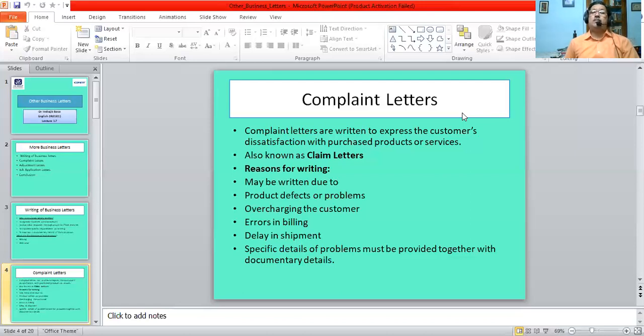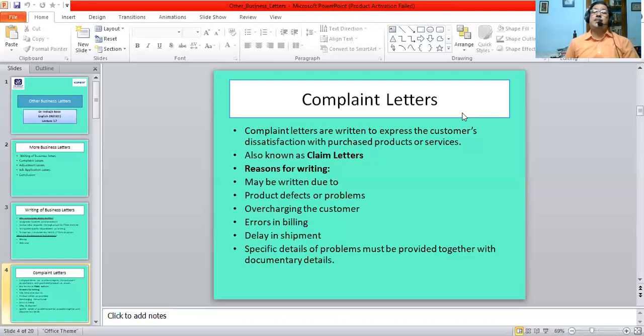Tone down and focus on the specifics. Rather, speak precisely about the nature of the problem and about the documentary evidence which you are enclosing, which proves that it is really a problem, and also how it is inconveniencing you. Say a few lines about how it is inconveniencing you.